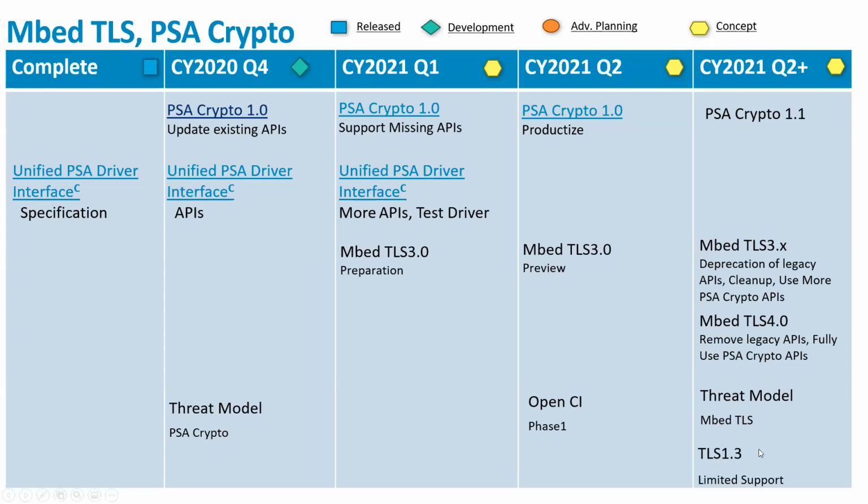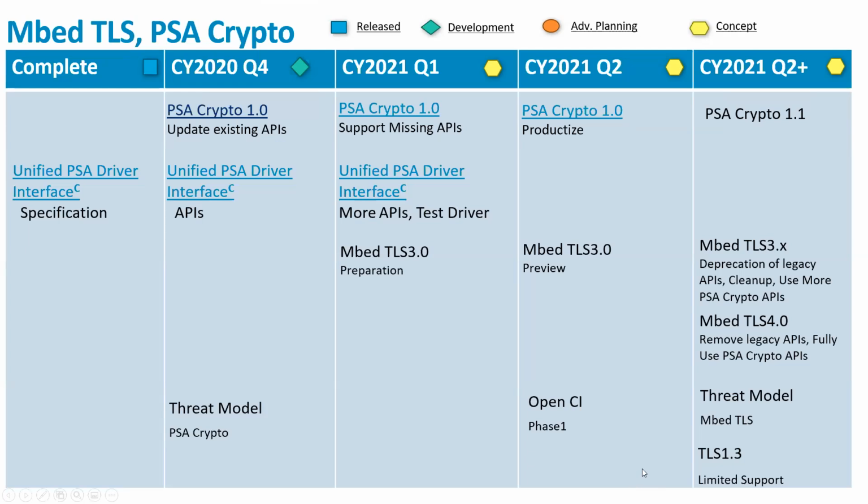TLS 1.3, Hanno just touched on it. There's already a prototype sitting on a branch today. There is quite a bit of work in terms of making it production ready and contributing it to Mbed TLS. So Hanno and Hannes are spending part of their bandwidth pushing those patches into the Mbed TLS repository.